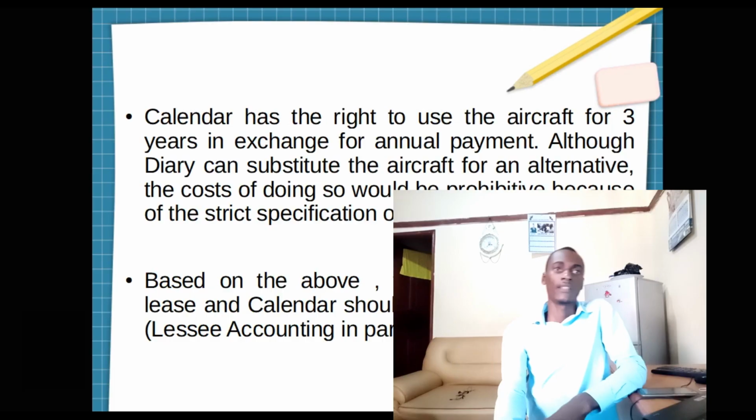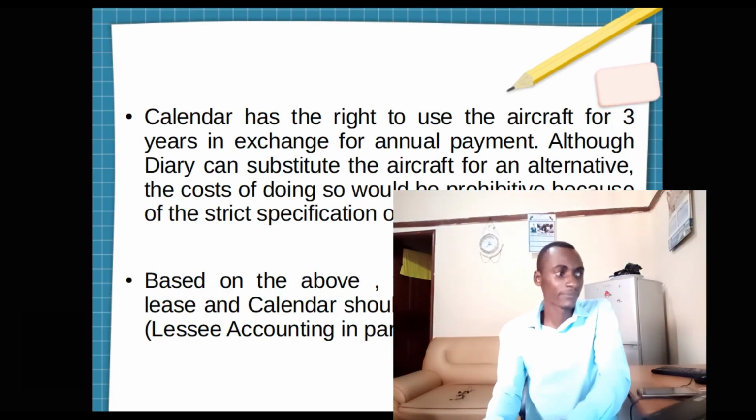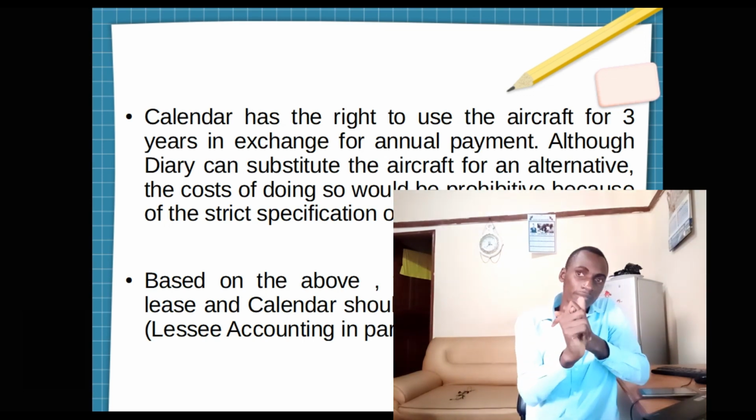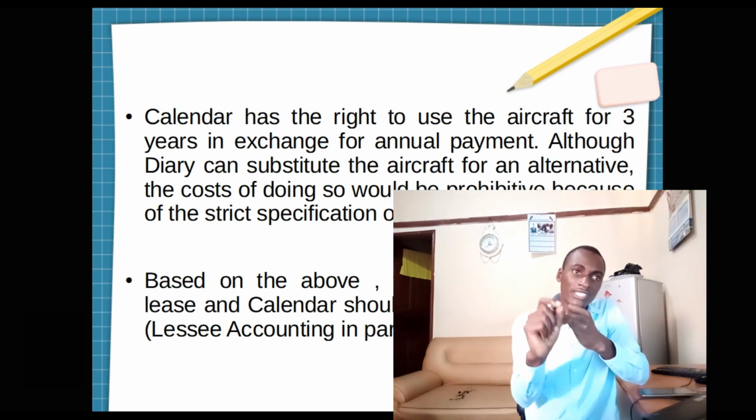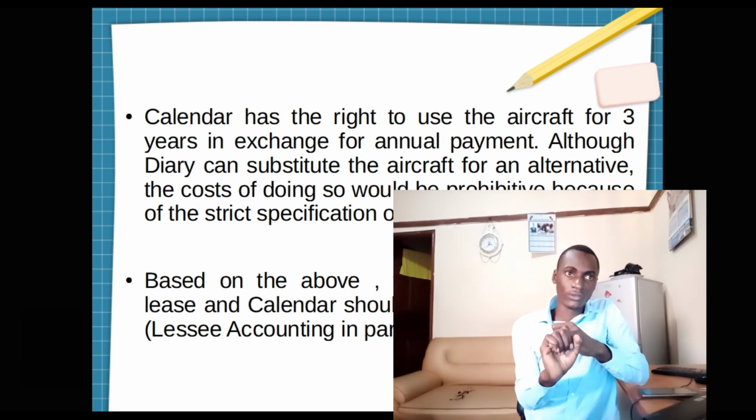However, there are some legal and contractual restrictions which limit the aircraft use, but these protective rights only define the scope of Calendar's right of use, but do not prevent it from having the right to direct the use of the aircraft. Therefore, Calendar has the right to use the aircraft during the 3 years in exchange for a consideration.